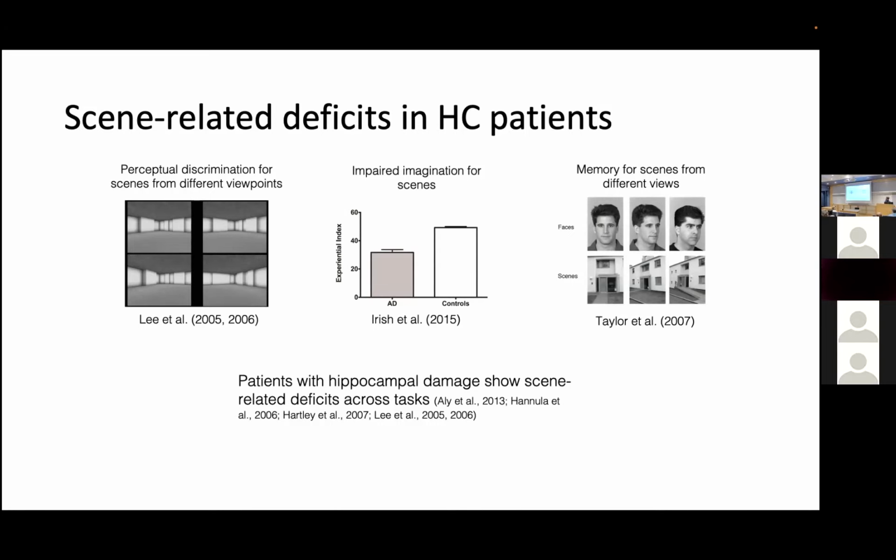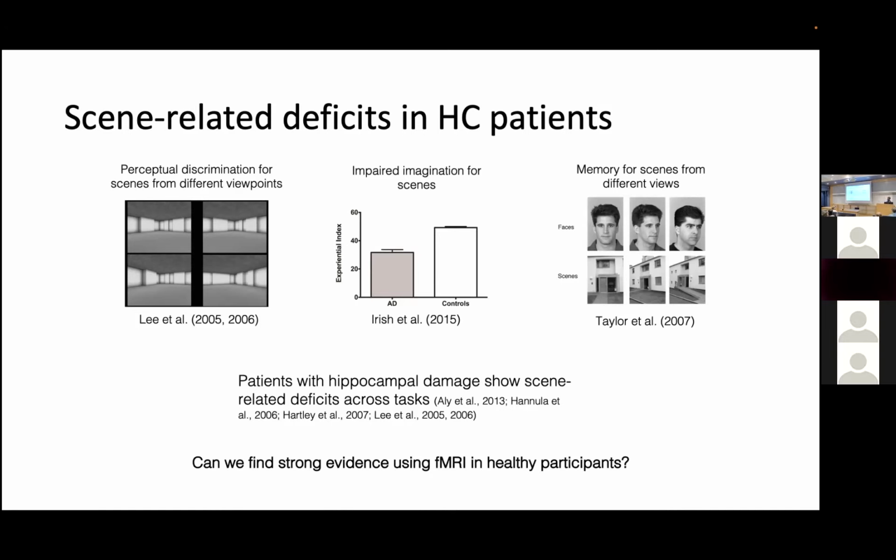Other work, from Maureen Irish in 2015, showed that Alzheimer's patients also have problems imagining or constructing scenes. And work from Karen Taylor and colleagues in 2007 showed that patients with hippocampal damage are impaired when trying to recall scenes, particularly from different perspectives. This has been shown across a range of other functions as well, including working memory and short-term memory and so on.